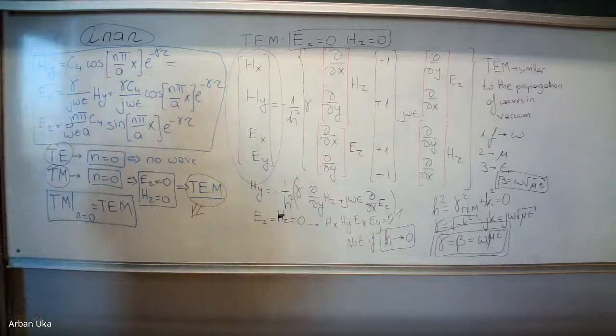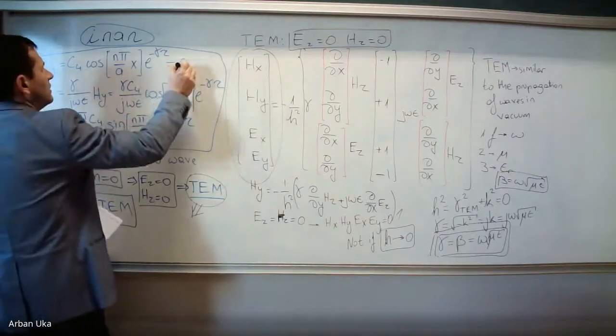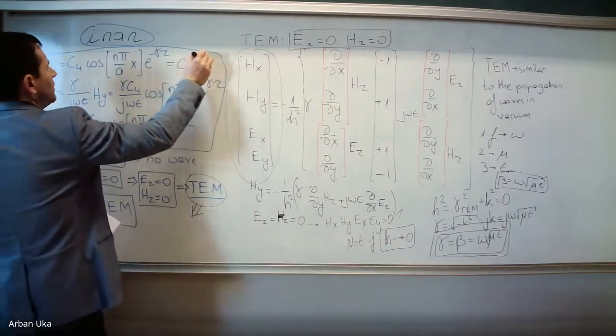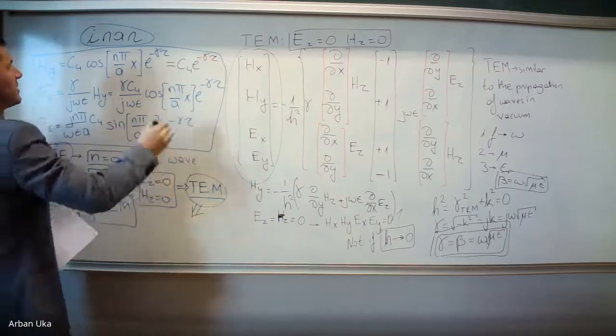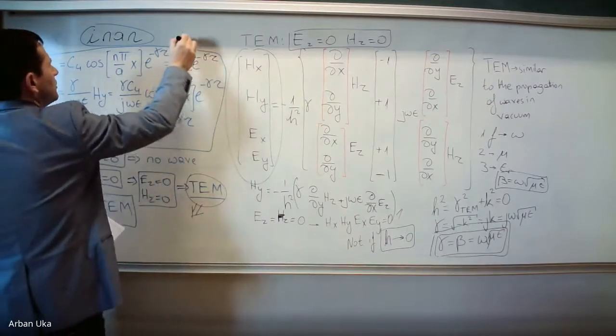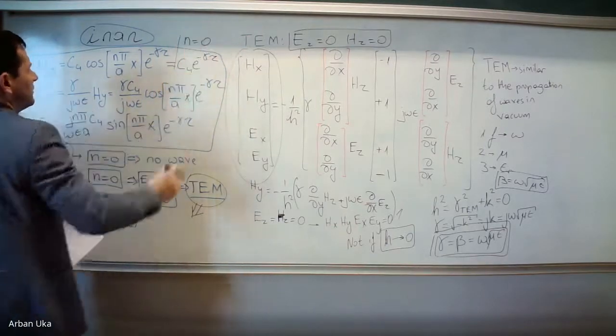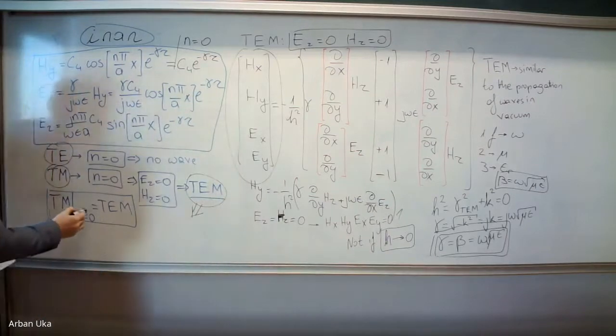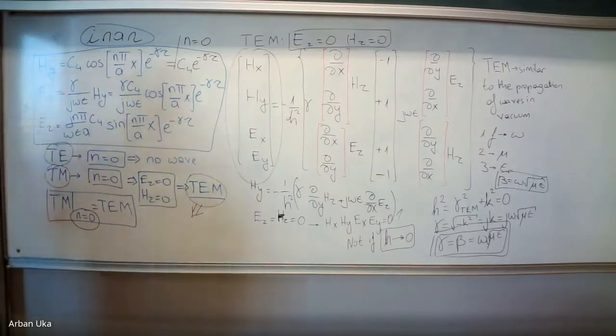And for the TEM wave, let's write here in black. This is equal to C4 e to the power minus gamma z. Let's assume n is 0, because at n equal to 0, this is what we get. And then if we insert n equal to 0, we get only the EX.